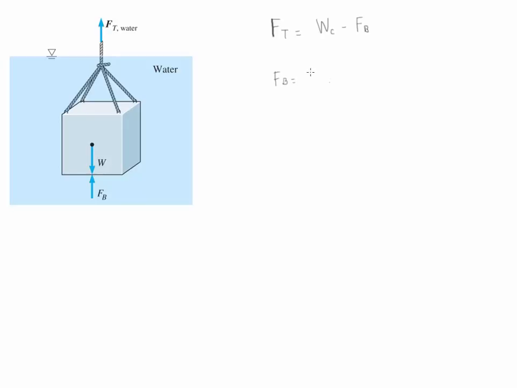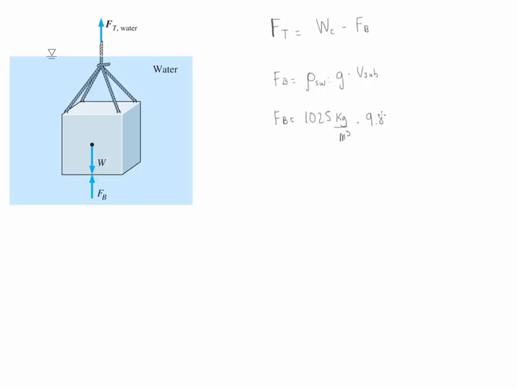That is simply going to be the density of salt water, the gravity, and the volume that is submerged, which is exactly the same volume as the concrete block. Therefore, if we substitute, the density of salt water is 1,025 kilograms per meter cubed.